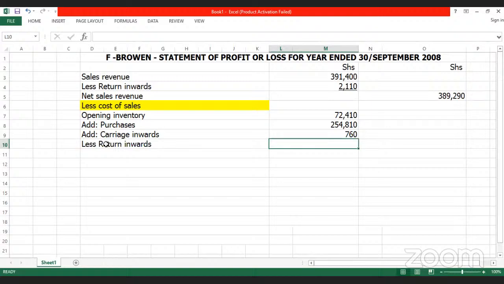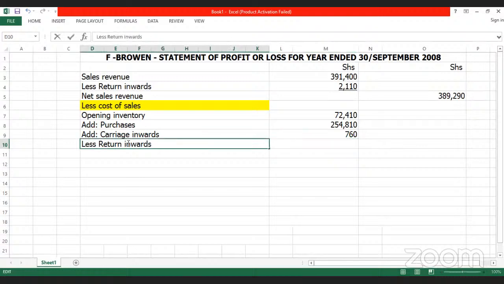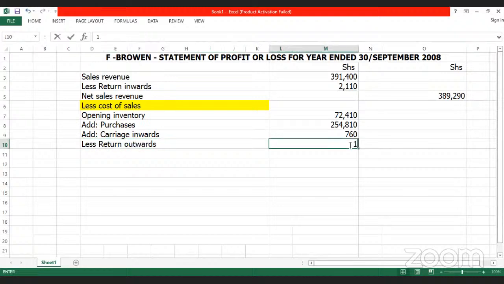No, that is inwards. We want return outwards, not inwards. Return outwards: 1,240. Those are the return outwards.